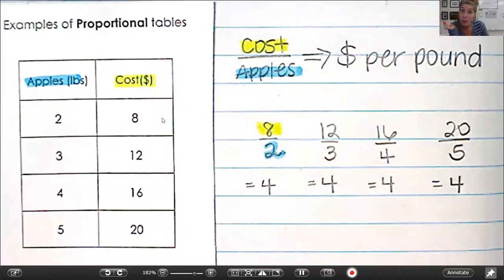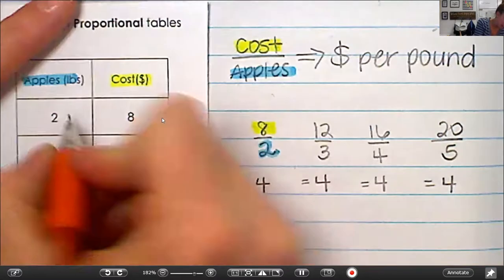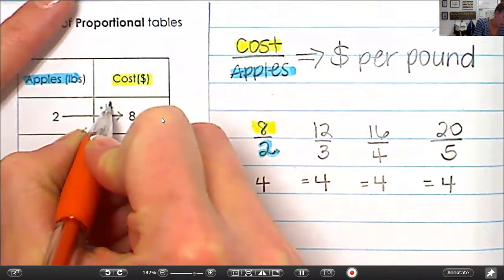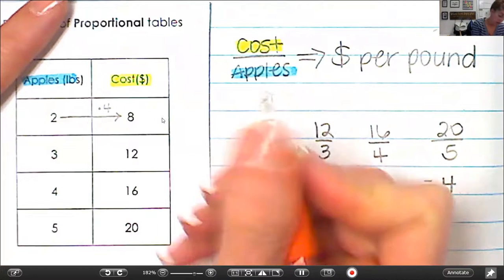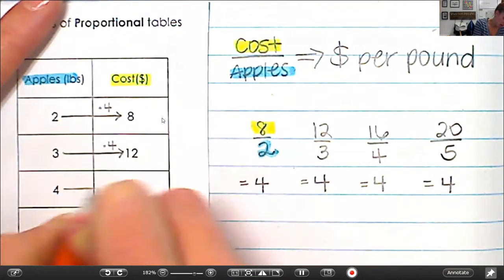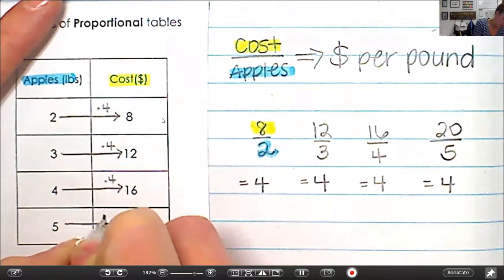Maybe your brain did that with some other numbers on here and follow that, go with that strategy because I see pounds times 4 got me the cost. That's also true for this row and this row and this row.